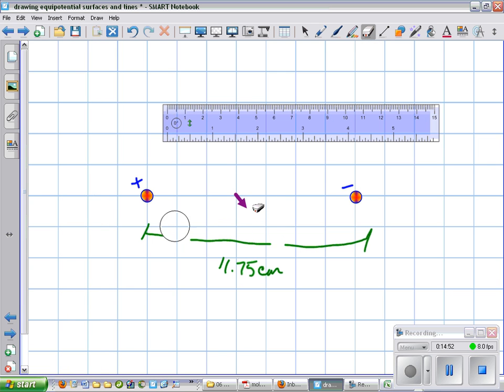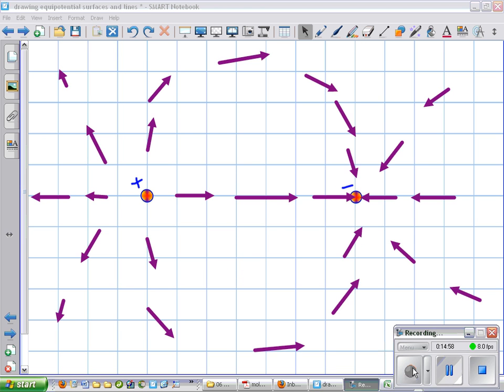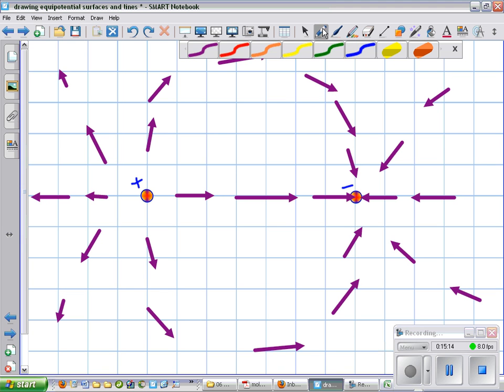After you have a few values of the electric field calculated, and these are just rough estimates of the magnitude, I can actually calculate these, you'll have a whole bunch of electric field vectors, and you want to draw your electric field lines. So take a nice big thick line here.